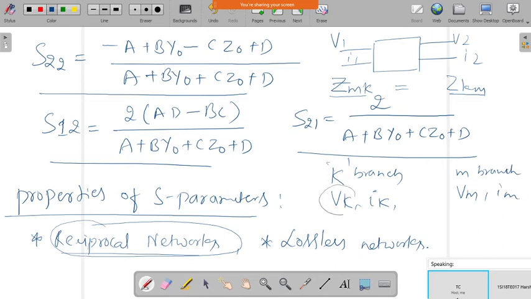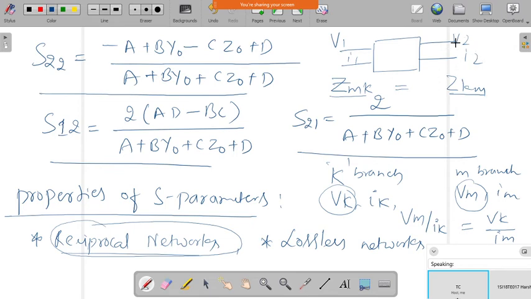Now if I replace the K branch with the voltage Vm, and the M branch with the voltage Vk, then we have Vm by Ik equal to Vk by Im. So even when the voltages are replaced, the impedance seen from this branch and this branch will always be equal.